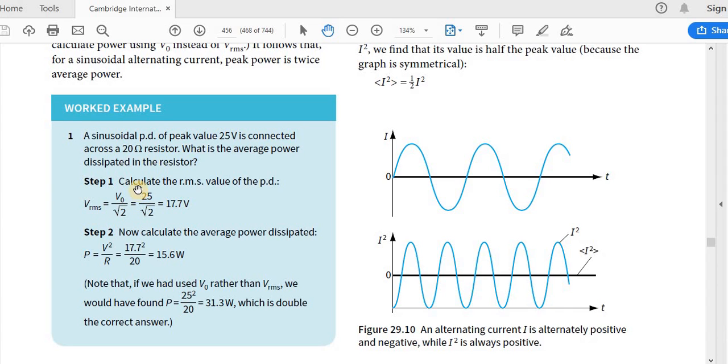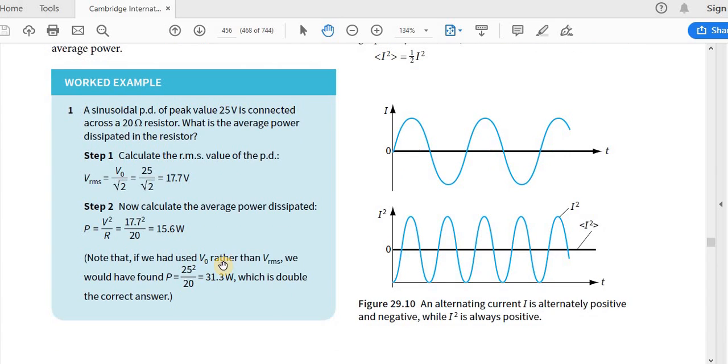So first you find this. Now you have V0 is the peak value or peak voltage, that is 25. Over square root of 2, you get this. Then 17.7 you can substitute into this, then you will get this.